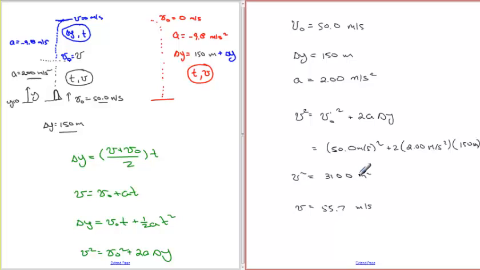This is meters squared per second squared. So that's the velocity. It's increased. Not a huge amount, but it has increased. And I'm just going to check the answer to make sure I'm doing this right first before we go too far. Okay, so that's right.